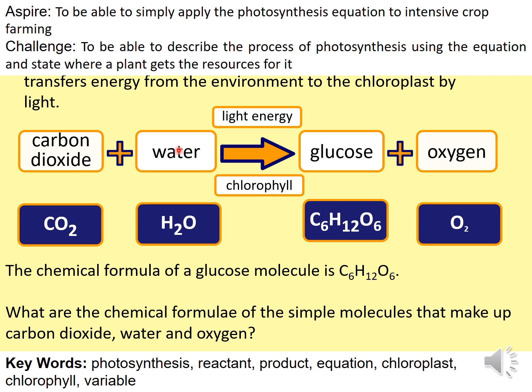We're now going to have to remember and try and recall this equation, but we're going to use that equation now and have a little bit of help in remembering that by moving through the implications, first of all, for our planet. Why does it matter so much? But eventually we're going to do this bit of application at the top of the page about something called intensive crop farming, where farmers try and make this process go as quickly as possible to grow as much food for people as possible.